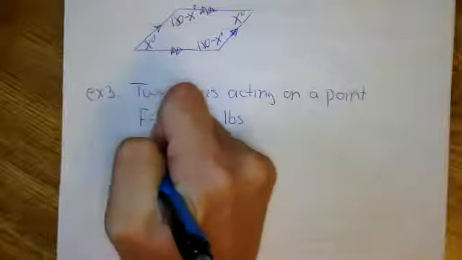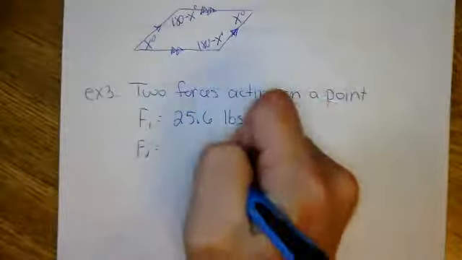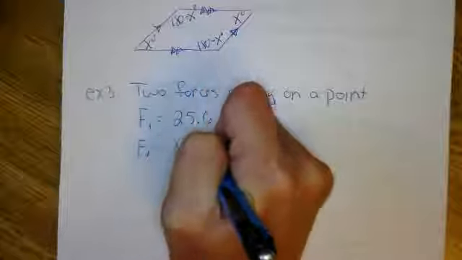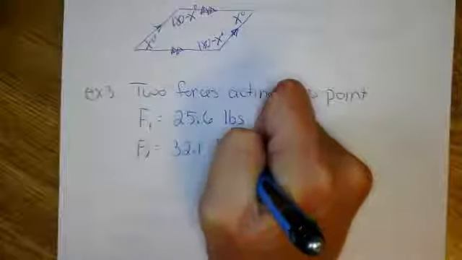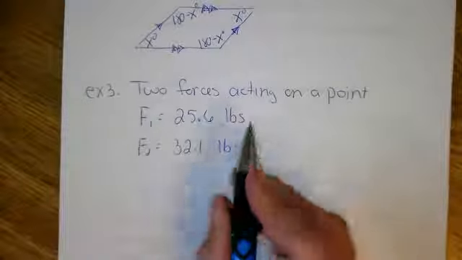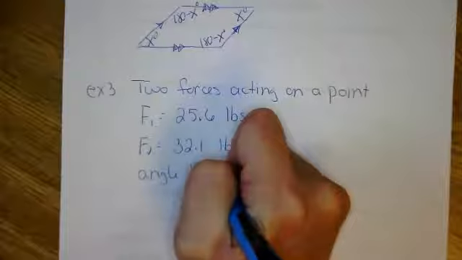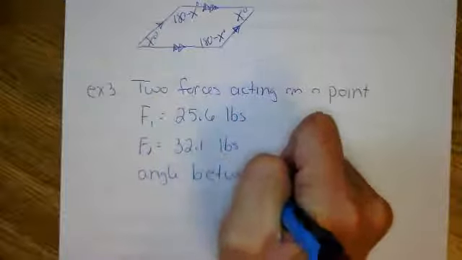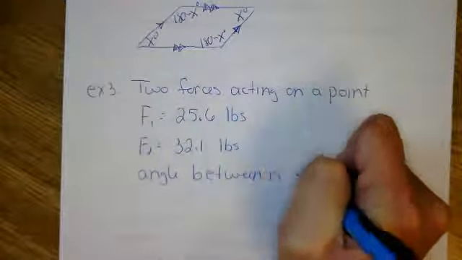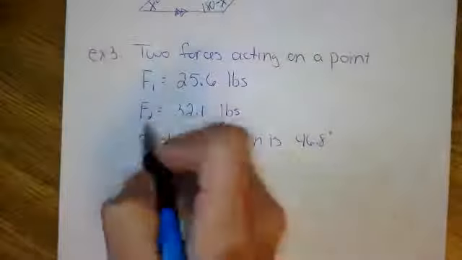Force 2 is pulling with a little bit more force, stronger person pulling the rope, 32.1 pounds of force. And then the angle between the two ropes that are pulling, 46.8 degrees. Can you find the resultant force?